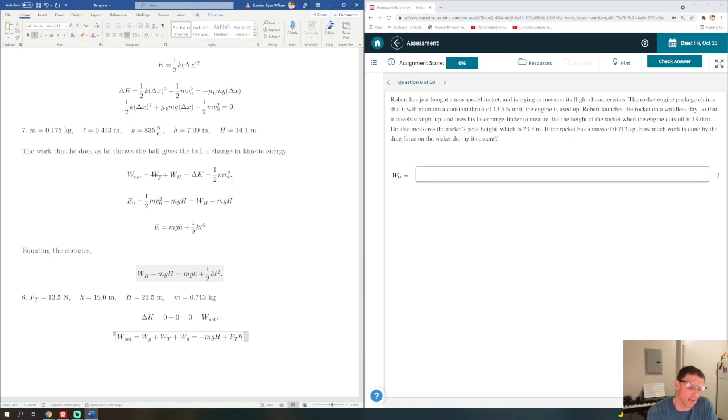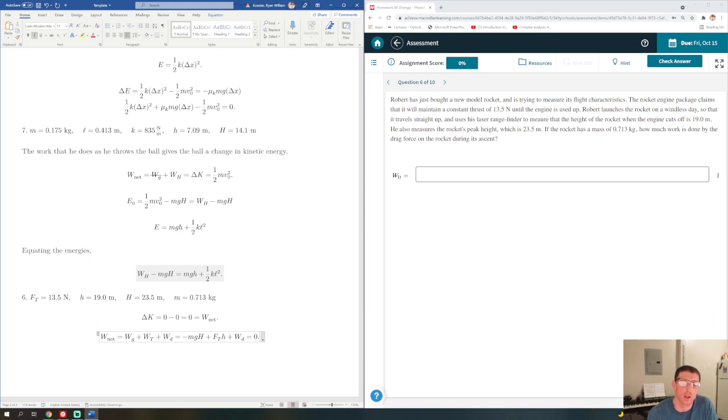So that's what our work would look like for the engine. And then the last thing would be to just write that the drag force does work, and it's indicated by this, because this is what we want to solve for anyway. So we don't need to try to plug in the drag force. And furthermore, we couldn't plug in for the drag force because it's not constant. So remembering what we just said about the change in kinetic energy, this equals 0.